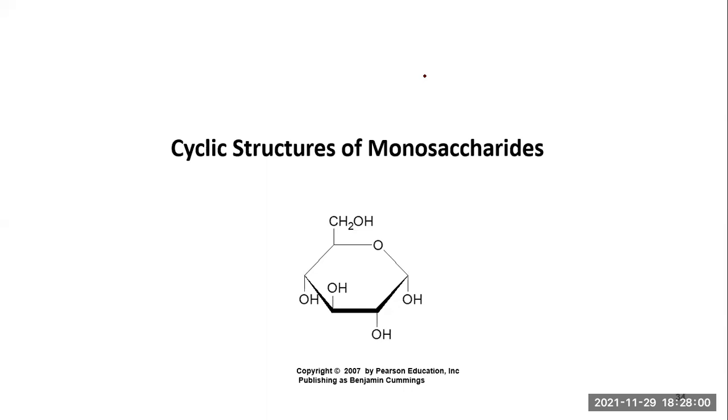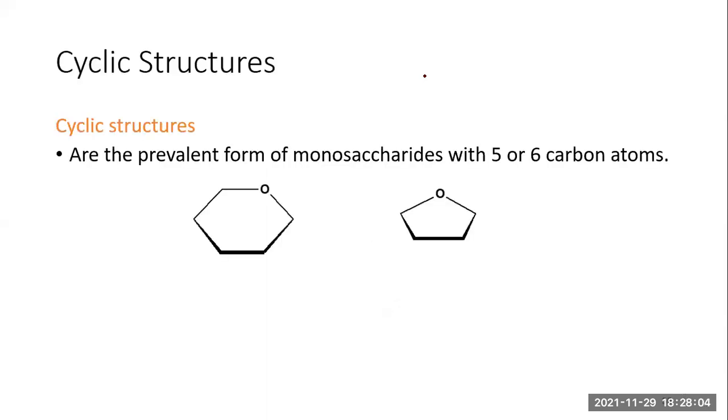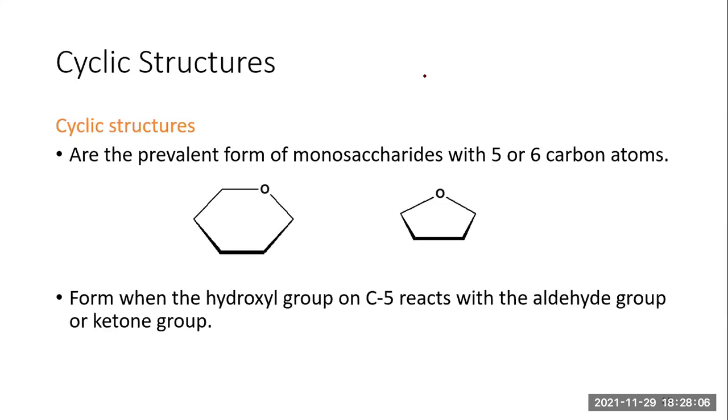They're both based off of what we saw in organic chemistry, a cyclohexane and a cyclopentane, except that there's one less carbon, because there's actually oxygen inserted into the ring.